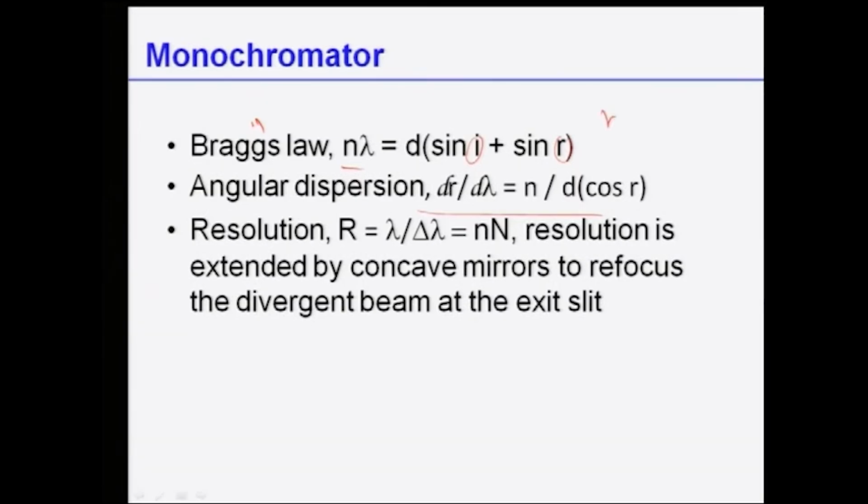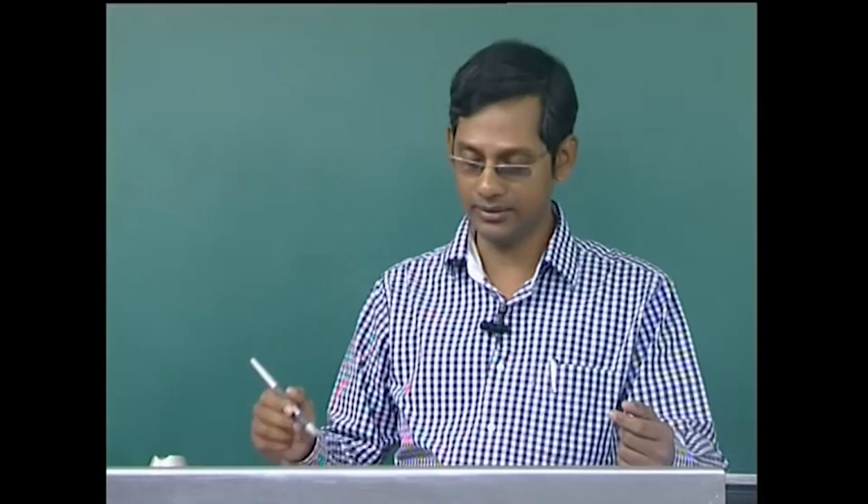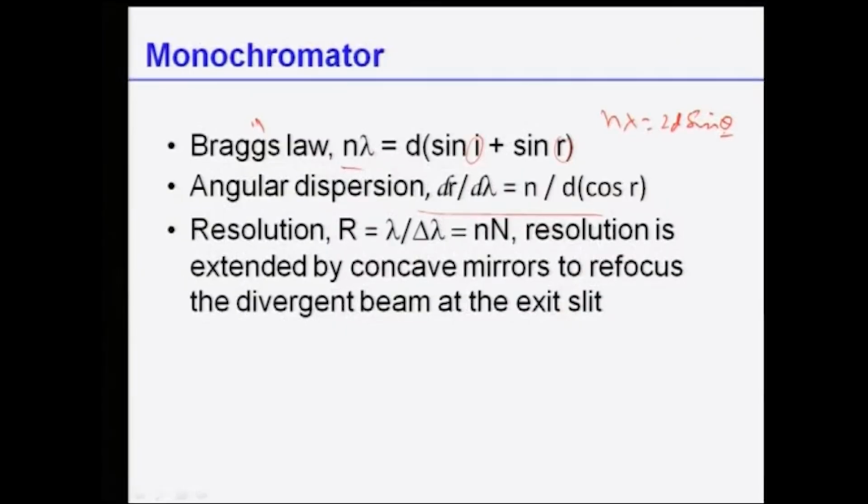Many times we write n lambda equals 2d sin theta, where theta is the incident angle, but here you can split it into d sin i plus d sin r. If r and i are different, then one has to write it like this.